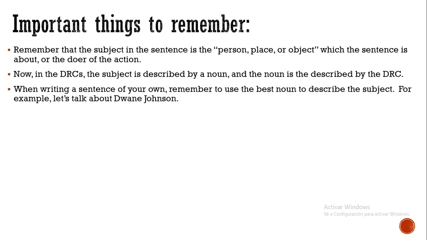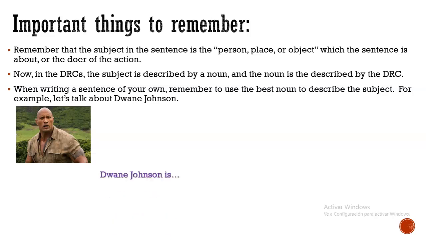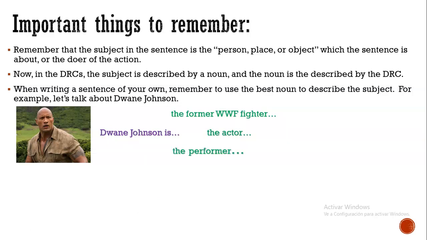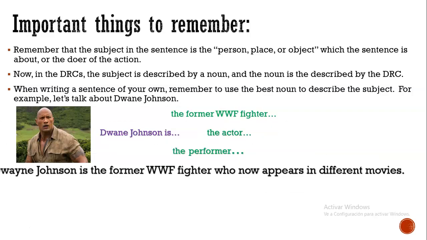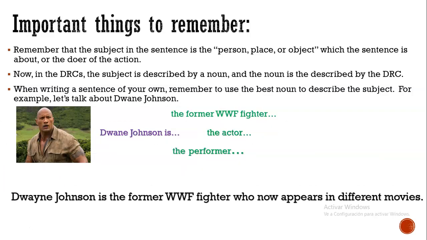For example, let's talk about Dwayne Johnson. Okay, so Dwayne Johnson is the former WWF fighter, or is an actor, or is the performer. Choose the best noun. Today I'm going to choose the former WWF fighter, and I have Dwayne Johnson is the former WWF fighter who now appears in different movies.